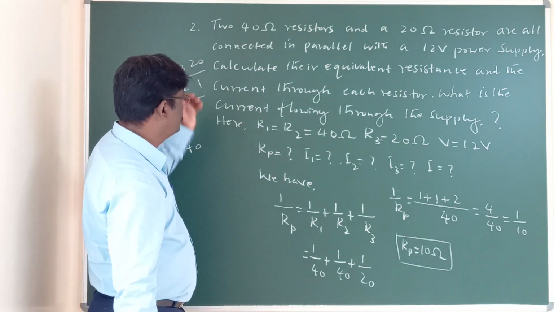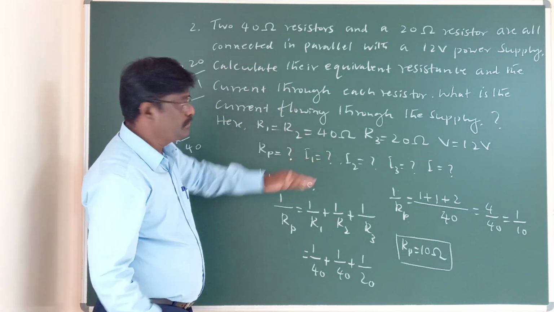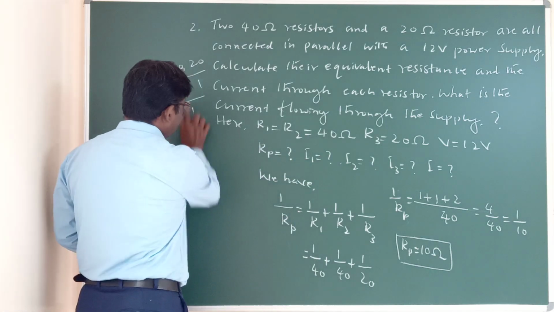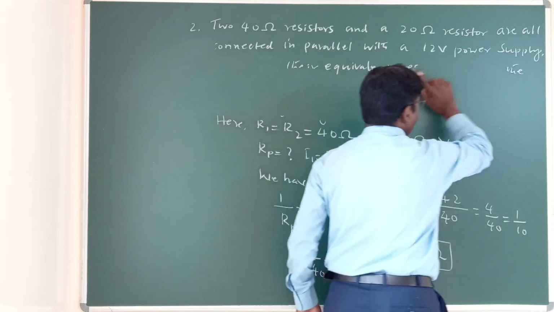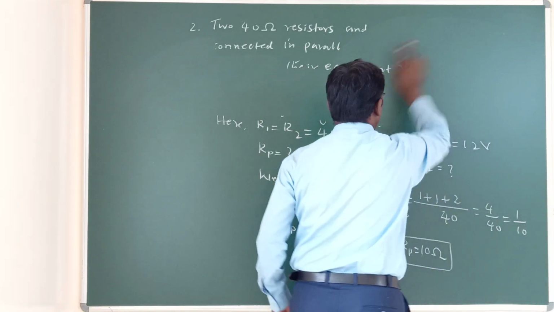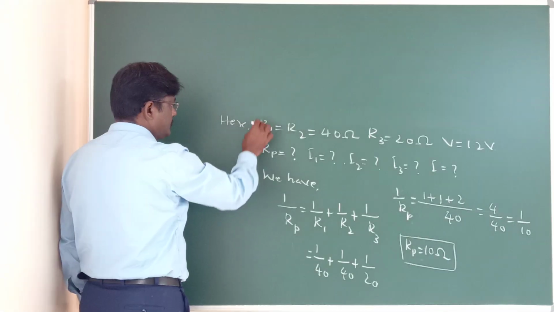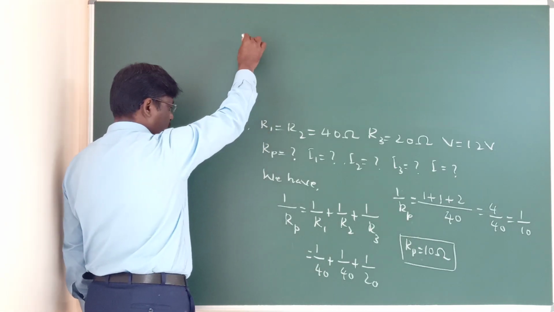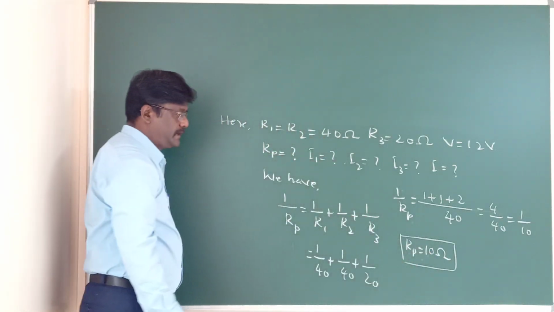Next, we have got the equivalent resistance. Current through each we have to get. Now we have Rp equal to 10 ohm.